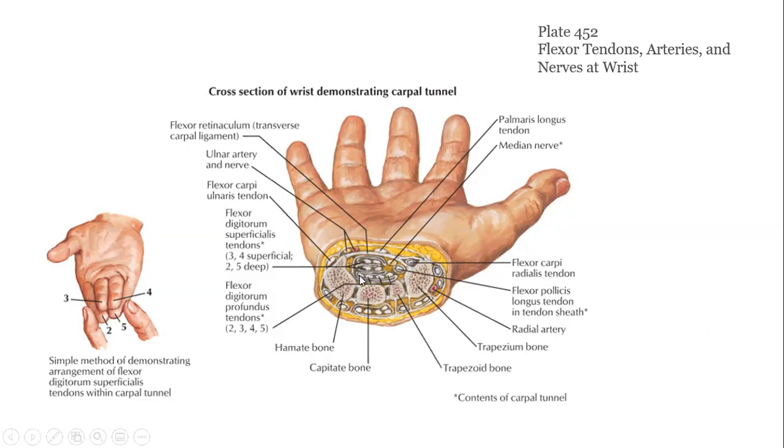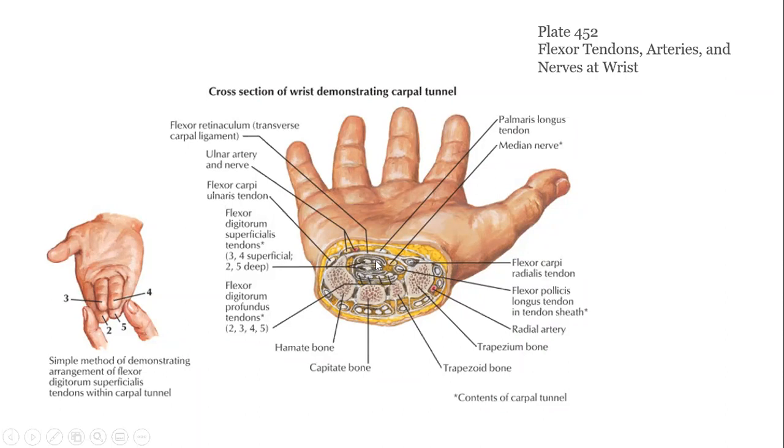Notice how your flexor digitorum profundus tendons, all 4 of them, travel flat in the carpal tunnel. So this is the tendon to digit 2, tendon to digit 3, tendon to digit 4, and tendon to digit 5. So flexor digitorum profundus tendons travel flat through the carpal tunnel. Contrast that with the tendons of flexor digitorum superficialis. You can see that they're stacked 2 on top of the other 2.